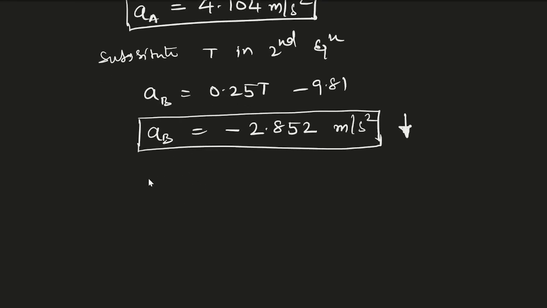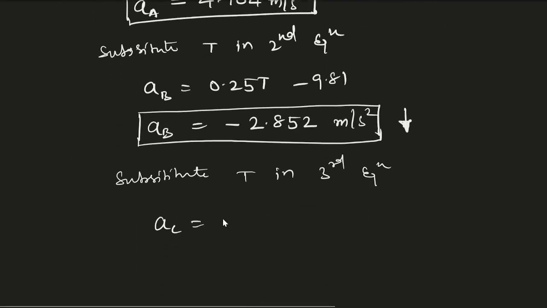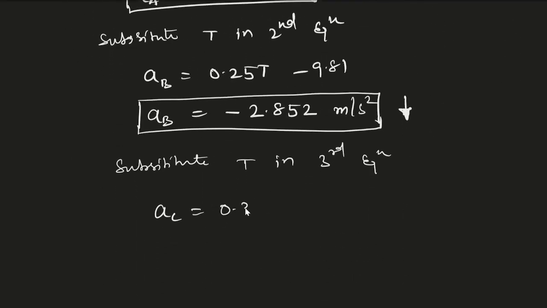In a similar manner, substitute T in the third equation. So a_C equals, what was the equation for a_C? 0.33T minus 9.81.